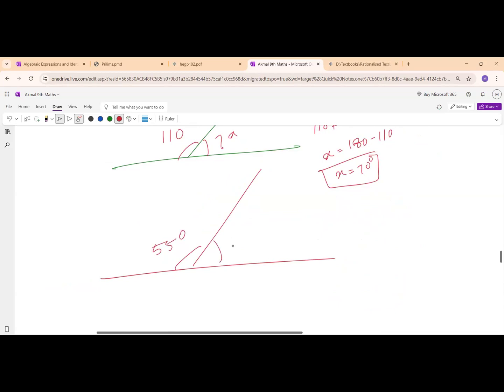Akmal, find this angle y. Can you scroll up to write that?